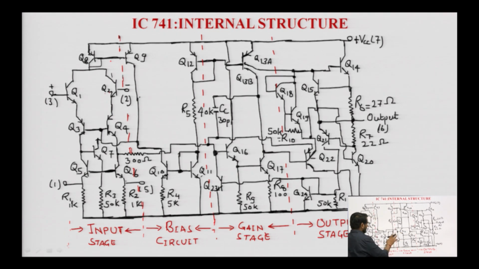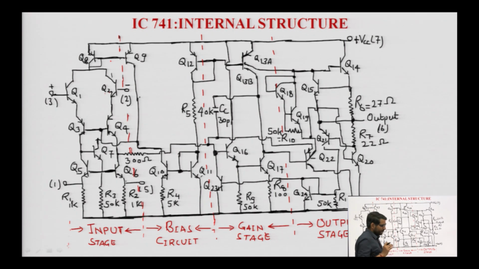It has high input impedance, so the output of the input stage connected to the input of the gain stage, that is the base of Q16, has minimum loading effect. So, this is the gain stage.